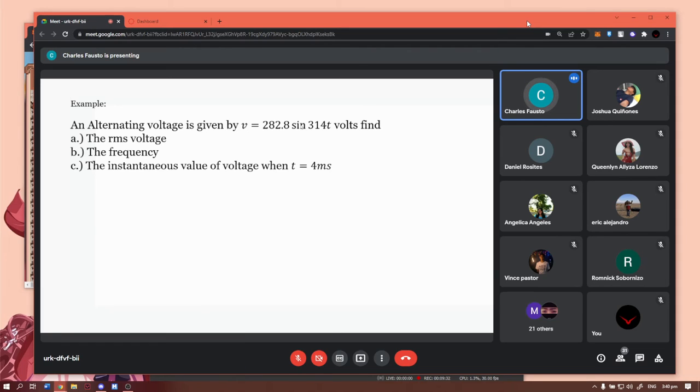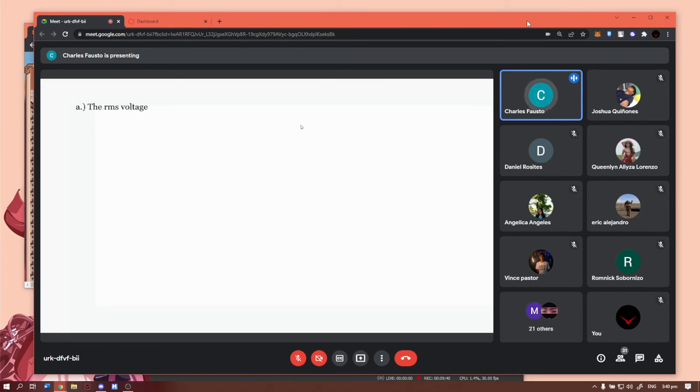Una nating hanapin is the RMS voltage or the root mean square. Ayan. So, paano natin kukunin yan? Okay, so the general expression for an alternating voltage is v is equal to maximum value sine quantity omega t plus or minus phi.